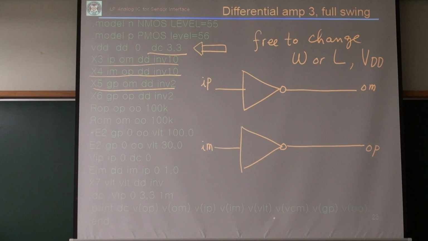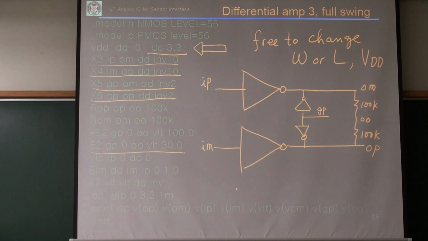This is the one, right? GPOM. This is GP. And I have inverter 2. I have two resistors here, 100K, 100K.